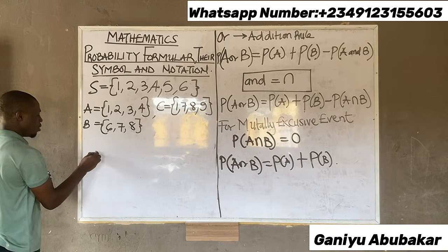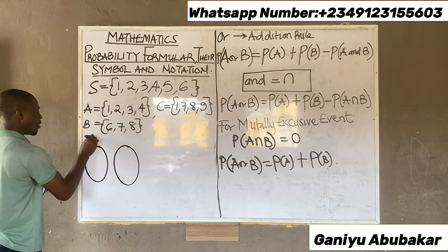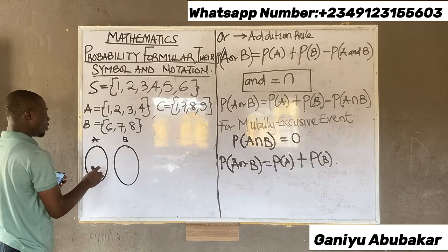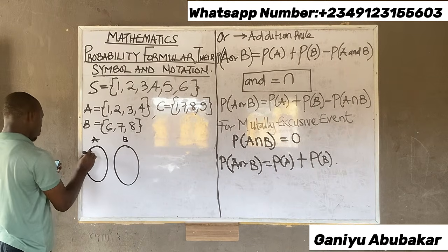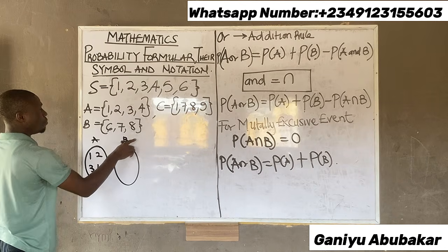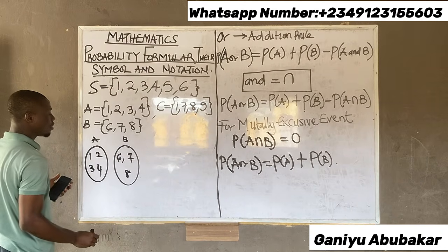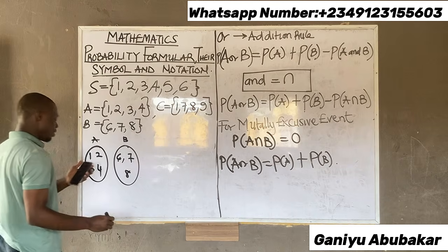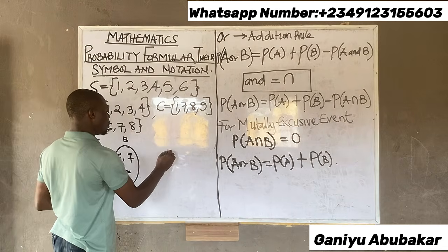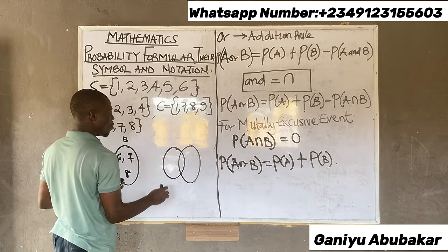So if I have this, let me use a set diagram to draw this in. Event A and event B have nothing in common. So that gives you event A having 1, 2, 3, 4. Event B is having 6, 7, and 8. And event B and C, why like this?